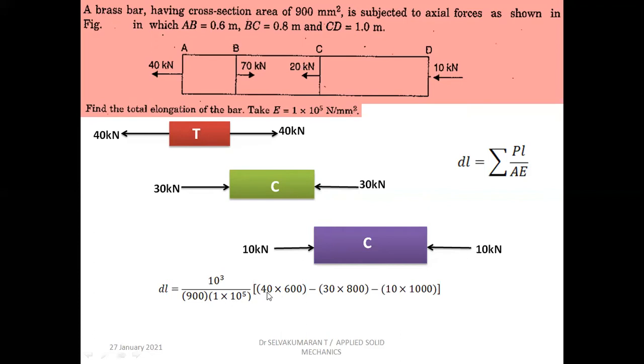So this is P into L: 40 into L, length 600 millimeter, and this is compression, so minus 30 into 800, minus 10 into 1000 millimeter. So we get delta L to be minus 0.111 millimeter.